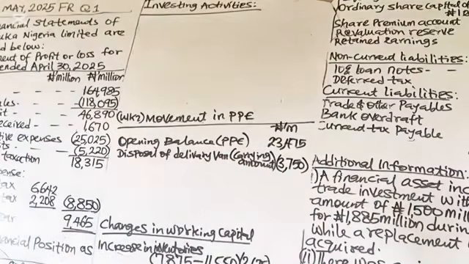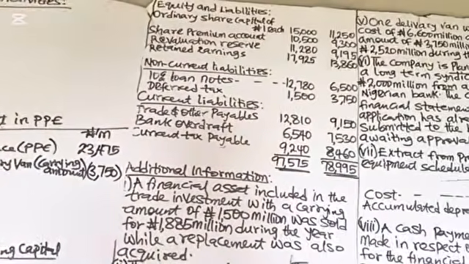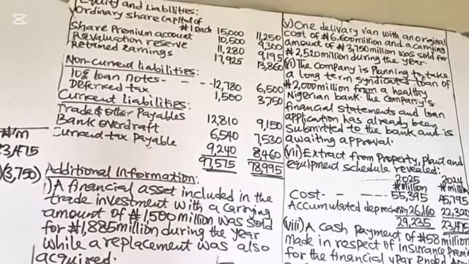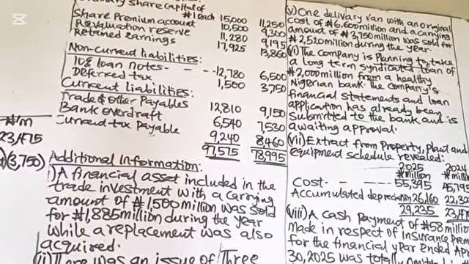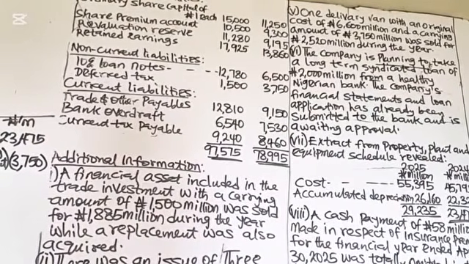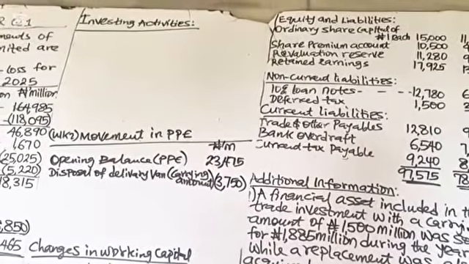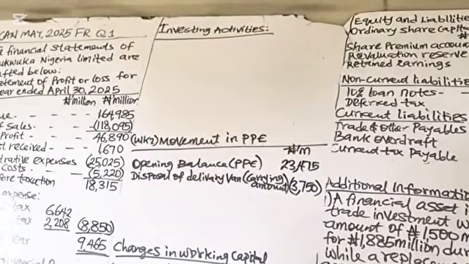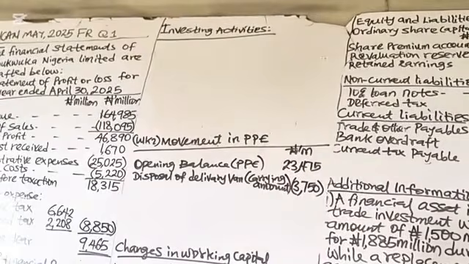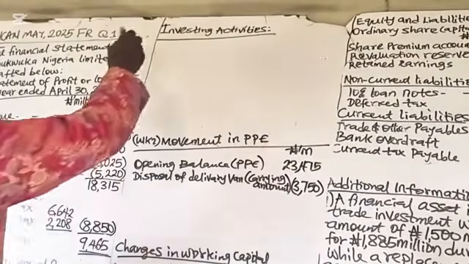Why the proceeds of that delivery van should be reported as investing activities. And how much is the proceed? You were told one delivery van with an original cost of 6.6 billion and a carrying amount of 3,750,000,000 was sold for 2,520,000,000. The proceed should be reported as investing activity. Proceeds from sale of delivery van.